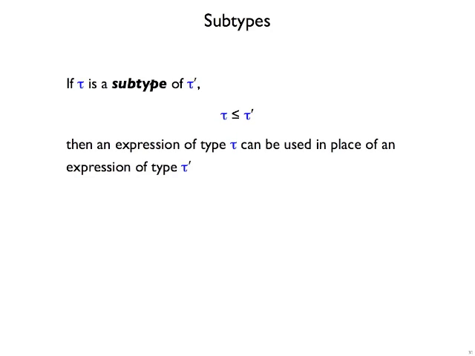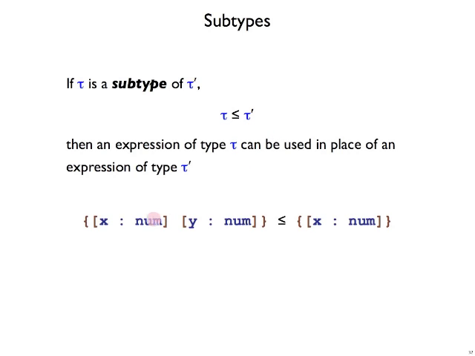So what we want, especially for that latter case, is the notion of a subtype. The type tau is a subtype of tau prime, and we write it like this, tau less than or equal to tau prime, but we read this as tau is a subtype of tau prime. Whenever we have an expression of type tau, if we can use it where an expression of type tau prime is expected, then we say that tau is a subtype of tau prime.